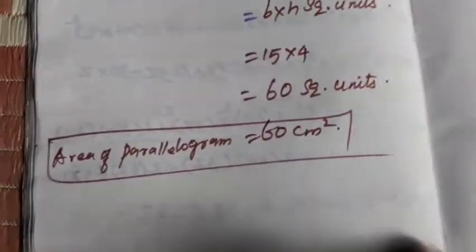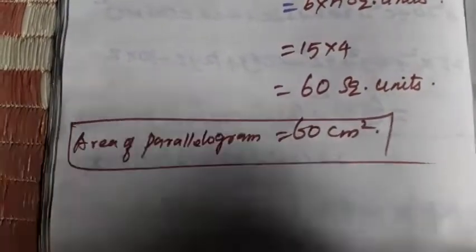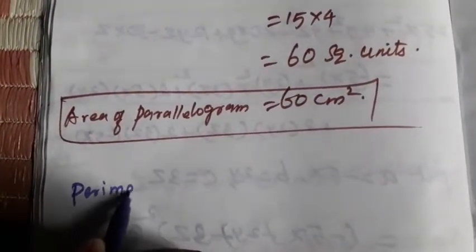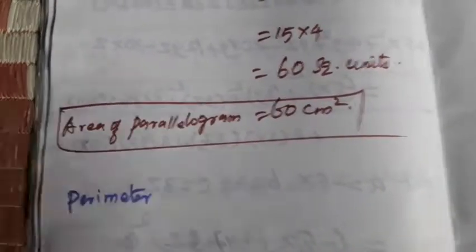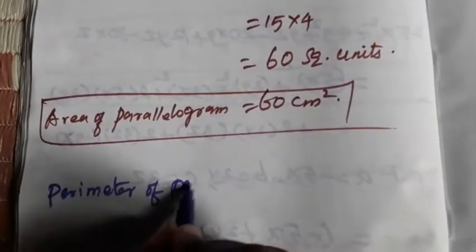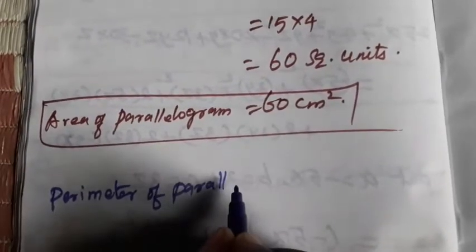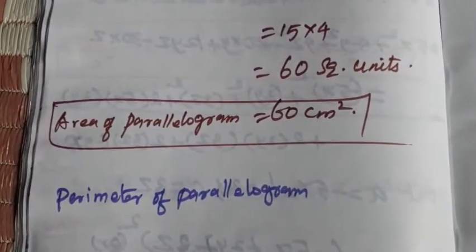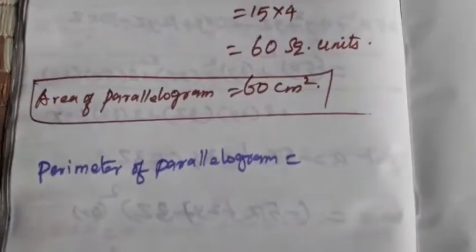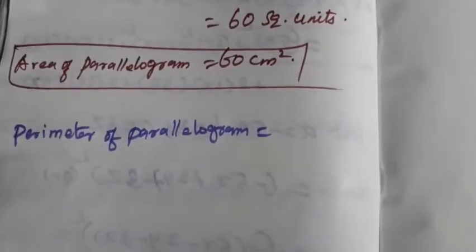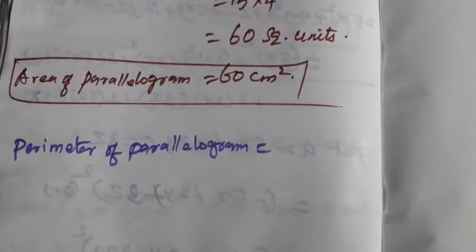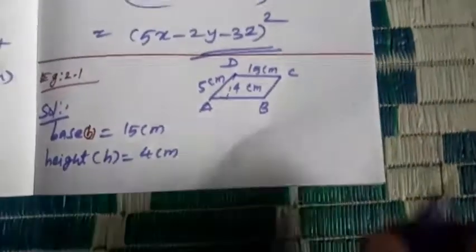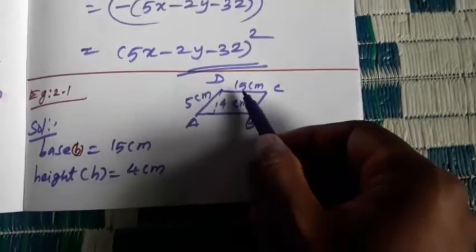Next, we want to find the perimeter. The perimeter of a parallelogram is the sum of the lengths of the four sides. The condition for a parallelogram is that opposite sides are parallel and equal. Here 15, therefore here also 15.